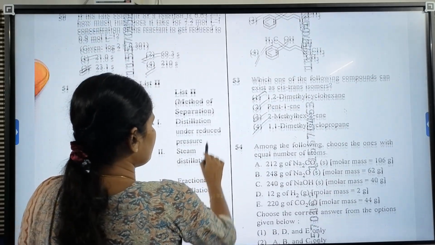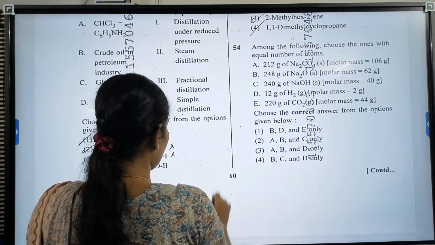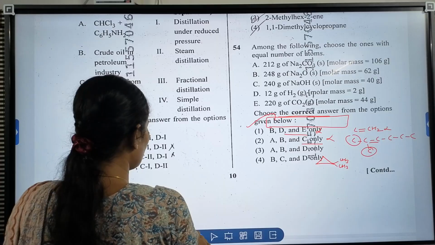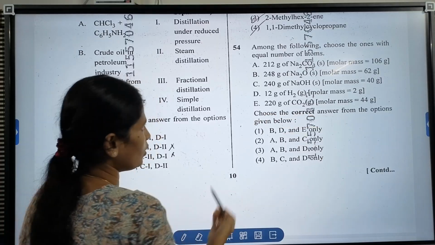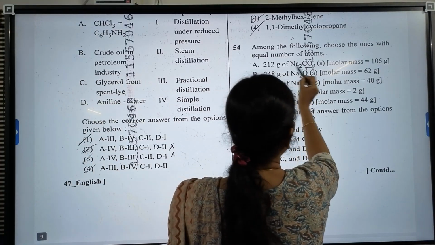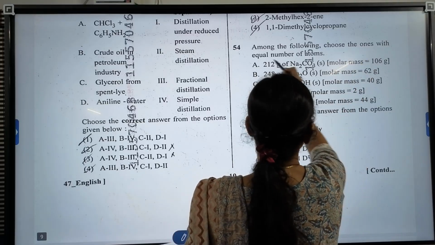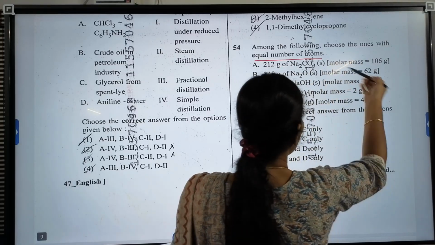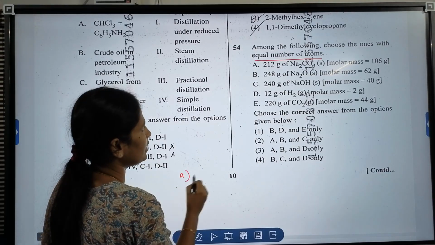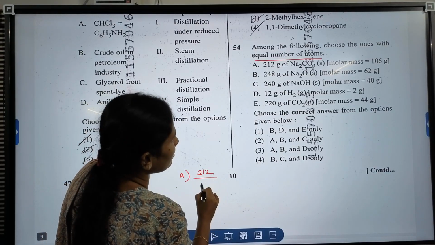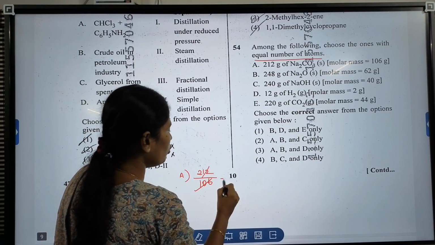Next one, 54. It's a very simple question from basic concepts, the mole concept. Here some mass is given, and we have to calculate the total number of atoms which are equal. First, for A, we take the given mass; molar mass is 106, so it will be 2 moles.